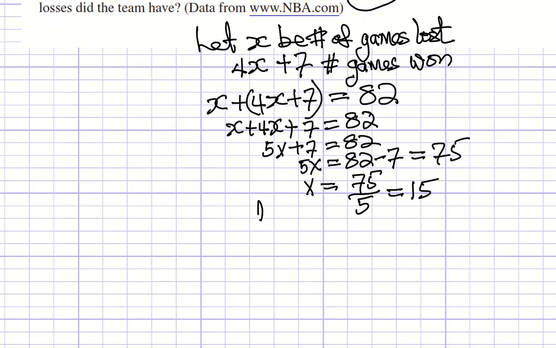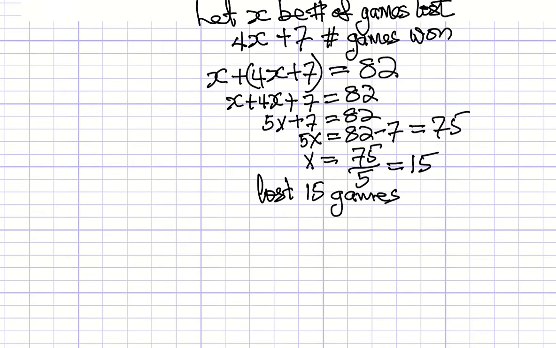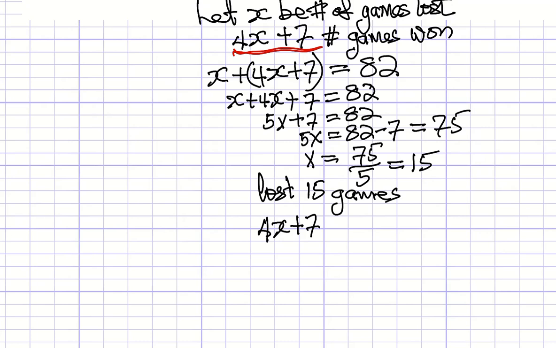They lost 15 games. That's what that means. If they lost 15 games, then this is the number they won right there. They lost 15, so they won 4x plus 7 games.